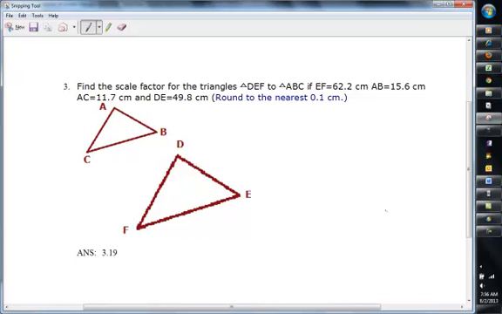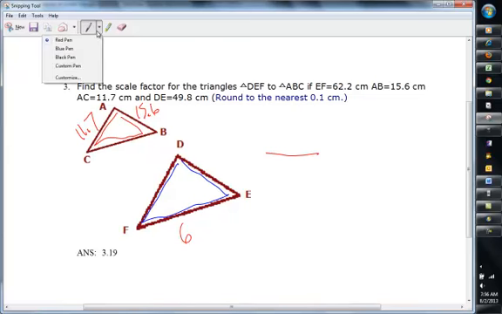Okay, we want this triangle to the red triangle, so blue is on top. E to F is 60, oops, that's the wrong color. A to B is 15.6, A to C is 11.7.